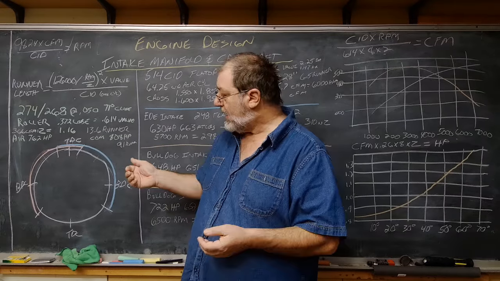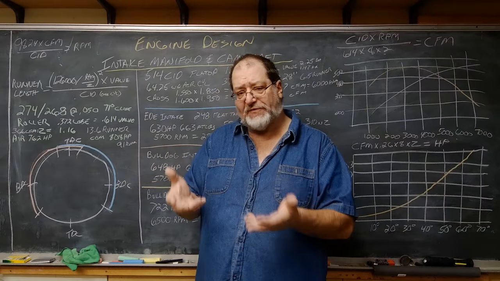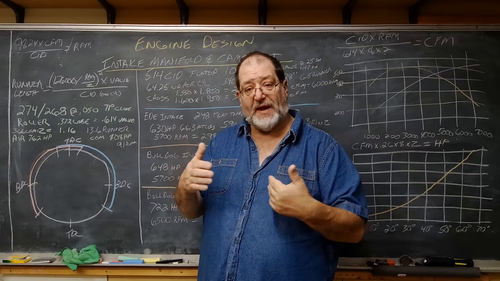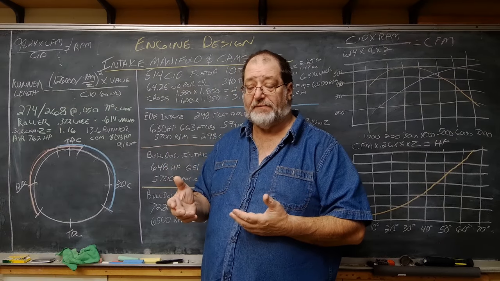Now, there's about 6.5 inches in the cylinder head. We have about 6.5 inches of runner up to the flange. So that means I need about another 9 inches of runner length in the intake itself.